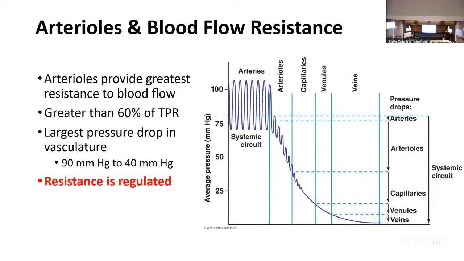So this pressure drop is about 50 millimeters of mercury. We're going to have a resistance that is regulated. So we're going to be thinking about both intrinsic and extrinsic regulation of the radius of the arterioles and therefore the total resistance of our system.